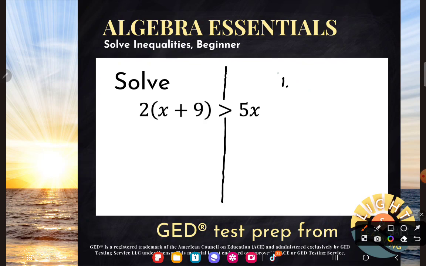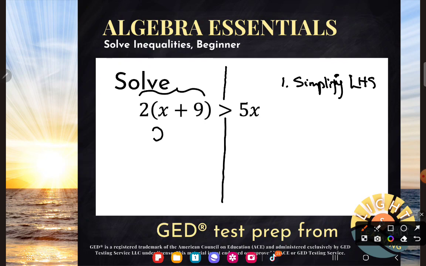Same thing with inequalities. So first, simplify left and right hand side if possible. It's just a couple of expressions here, and if any of those expressions can simplify, I'm allowed to. And indeed, I do see some simplifying I can do there. I can pass out that 2 to the entire grouping. I can do that multiplication.